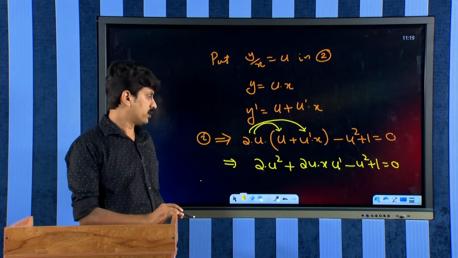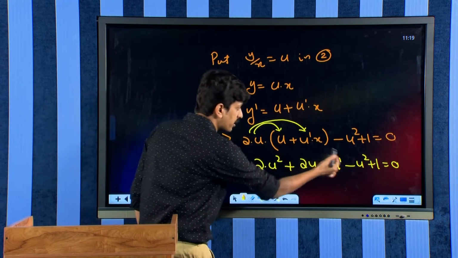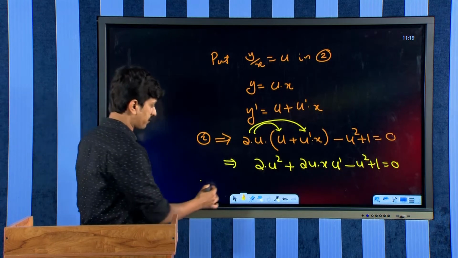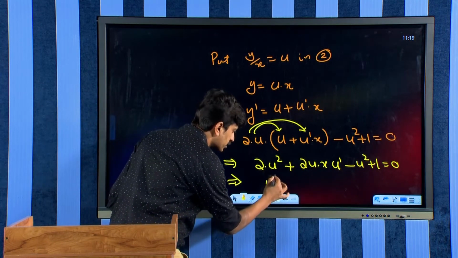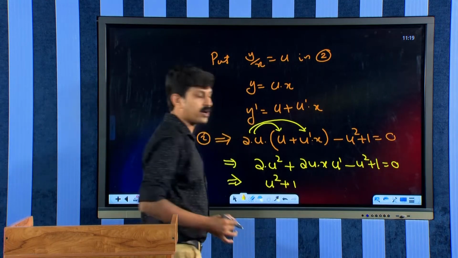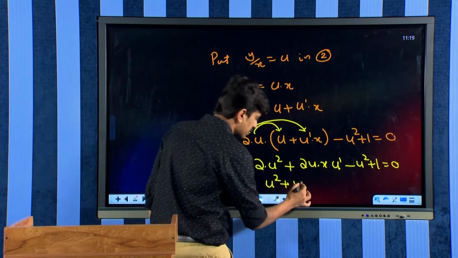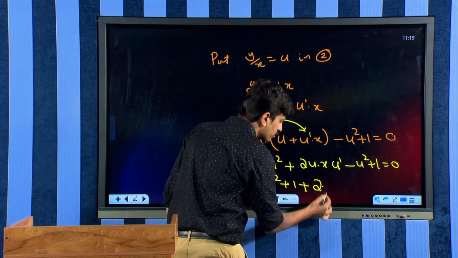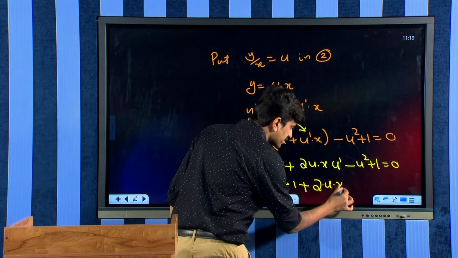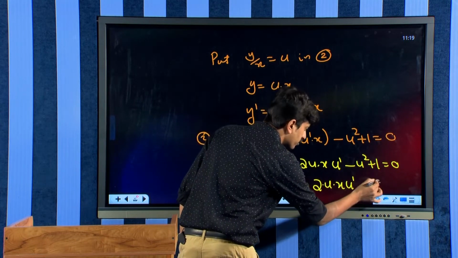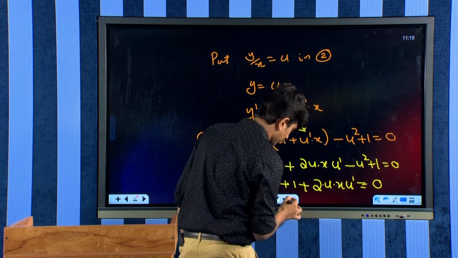Fine. From here we have 2u square minus u square, therefore, from here we can say 2u square minus u square is u square plus 1 plus 2u x u dash is equal to 0.